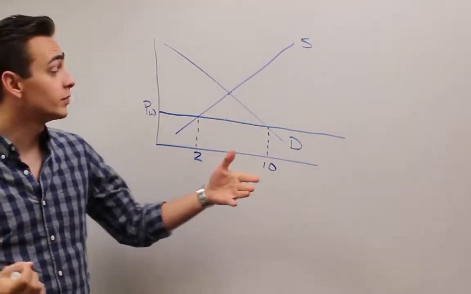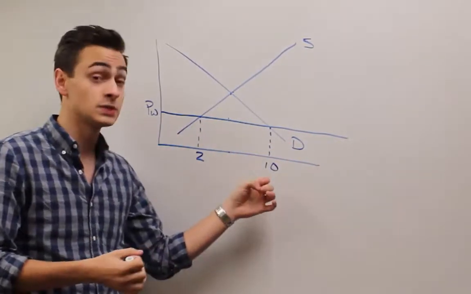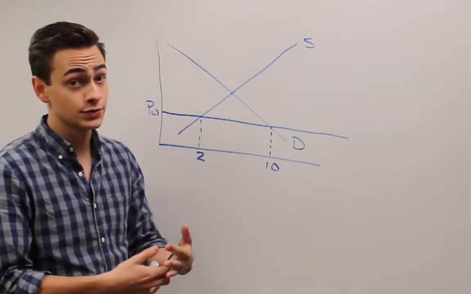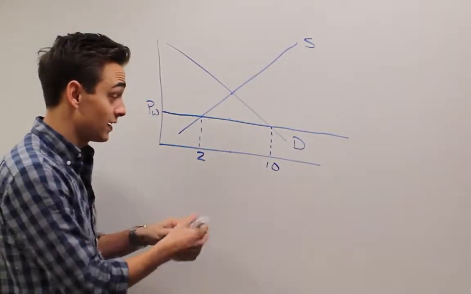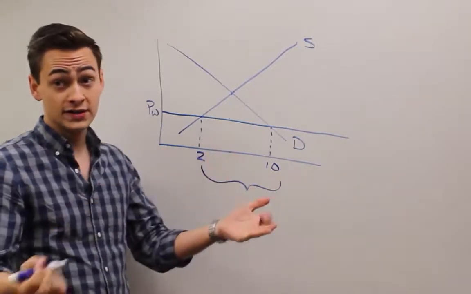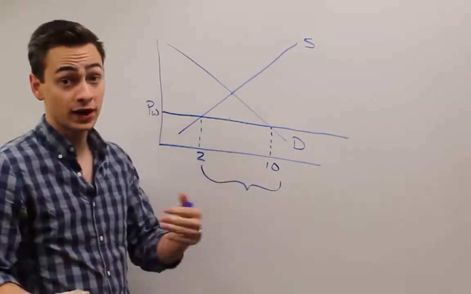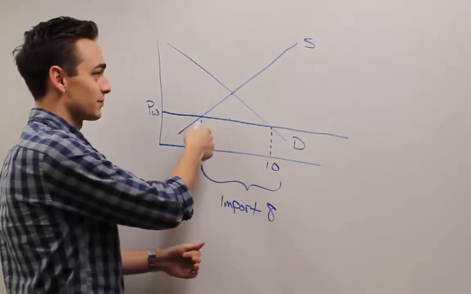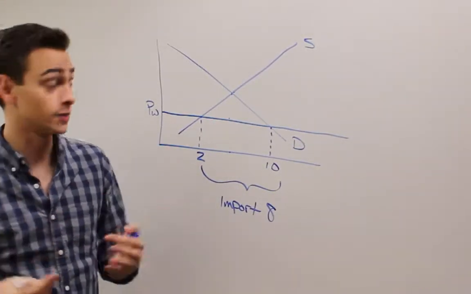Under this free trade equilibrium, domestic consumers, people in the country, now get to consume 10 of this good, and the domestic producers now only produce 2. So in the domestic market, there's a shortage of 8, right? But where does that come from? If they're consuming 10 and they're only producing 2, you import 8. So again, domestic producers are producing 2 units, we're importing 8, for a total consumption of 10.